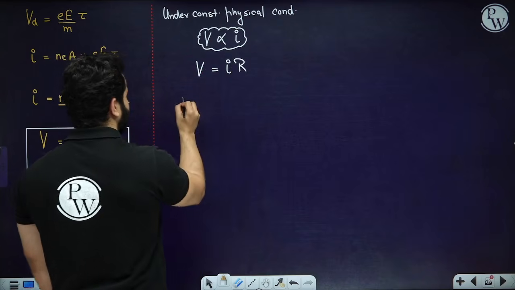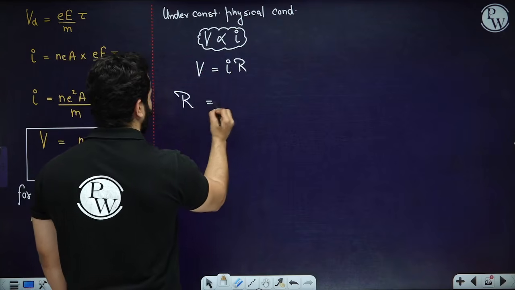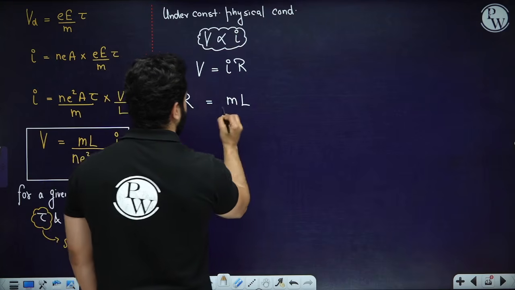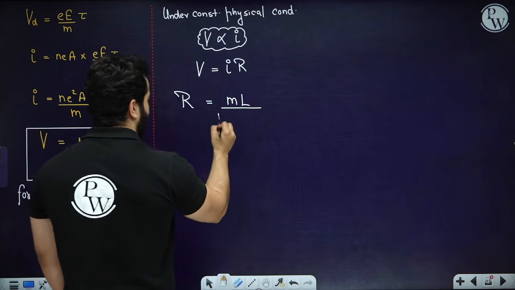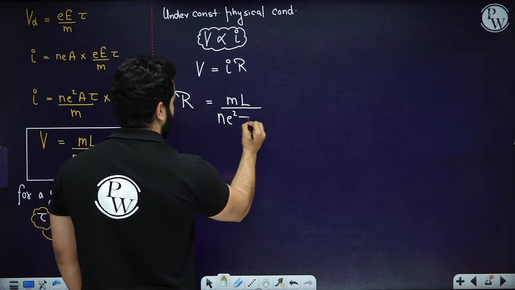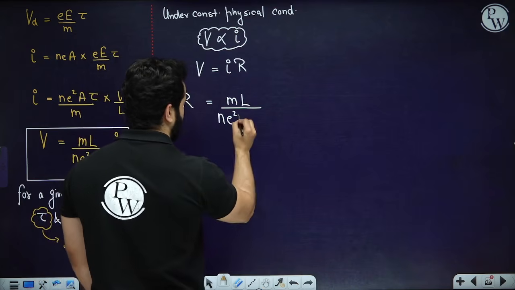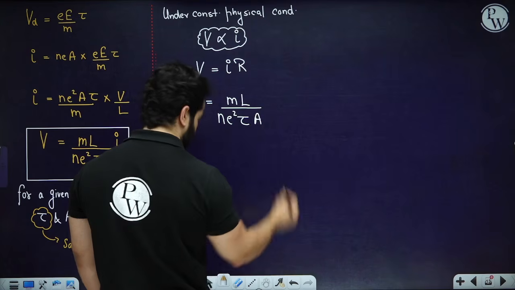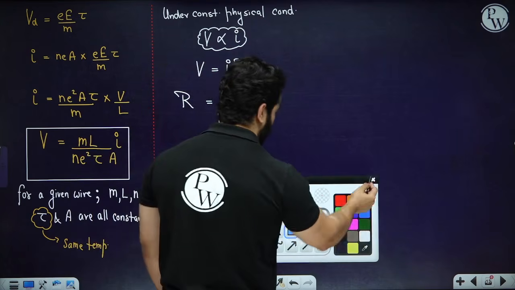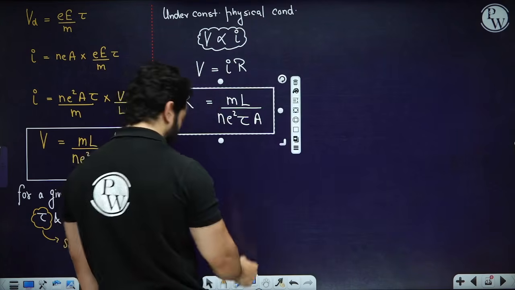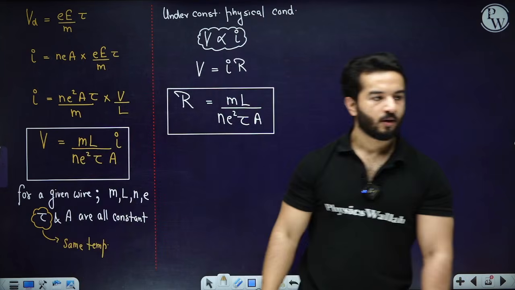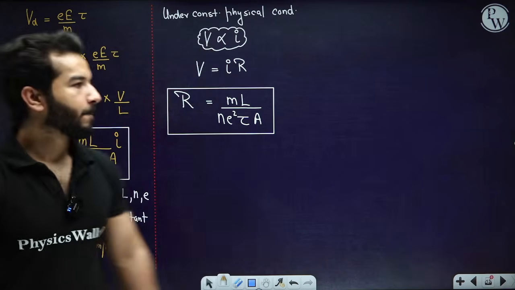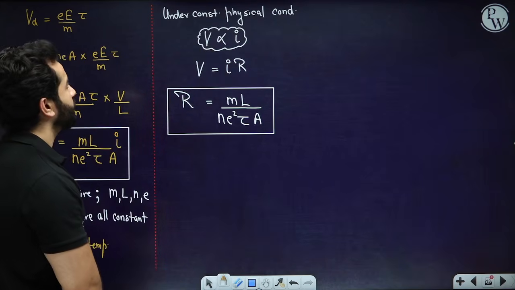So in this case, resistance will be equal to mL divided by ne²τA. So this is the value of resistance. Almost derived it, isn't it? Hopefully everything's clear till this point.